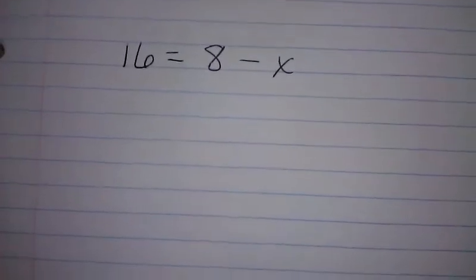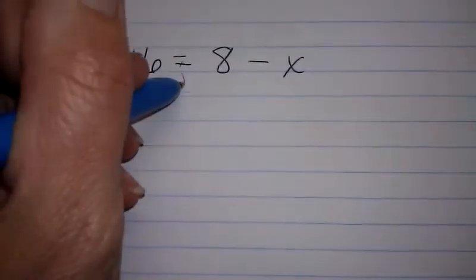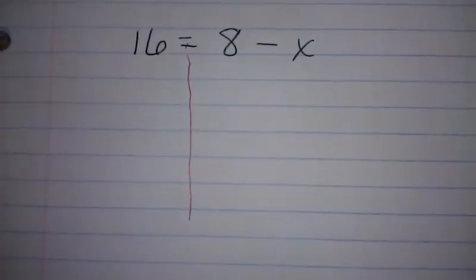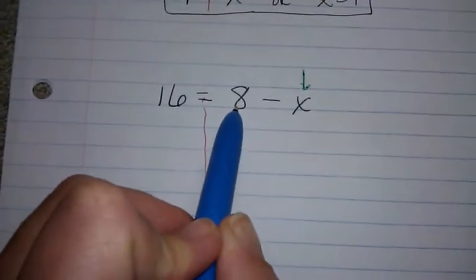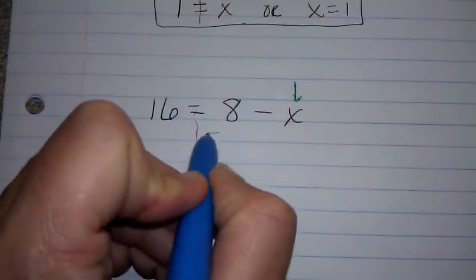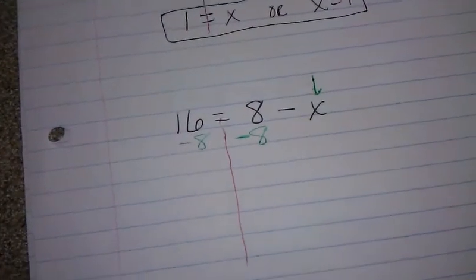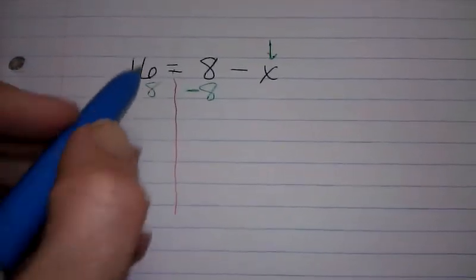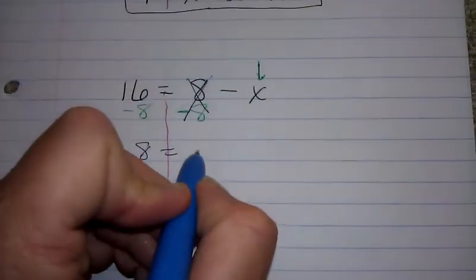The next one, pause the video, come back and see how you did. Draw my dotted line right here. Put my pencil on the x. I want to get this by itself. It says positive 8 minus x. I need to move the positive 8. The way I do that is by doing the opposite, so I subtract 8 from each side. 16 minus 8 is 8 equals, it makes 0, minus x.